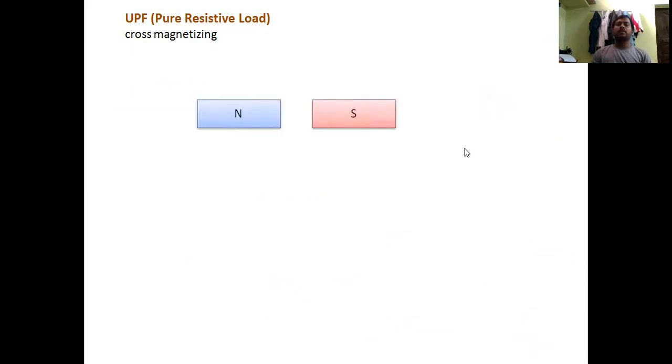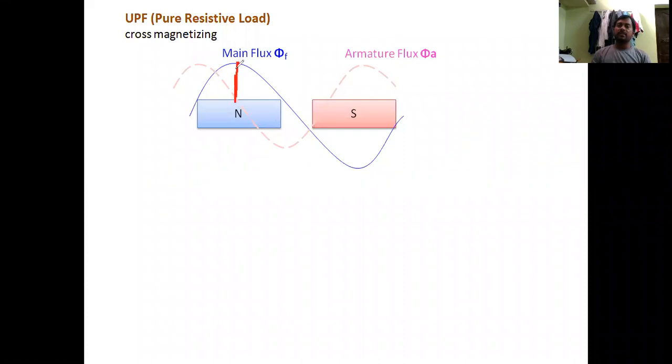So look at this one, how it will be. These are the main field flux, and this is the AC waveform of the main field flux. Next, you can see this is the armature flux. Armature flux and main field flux differ by approximately 90 degrees.